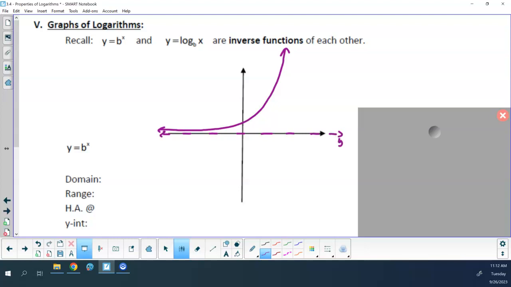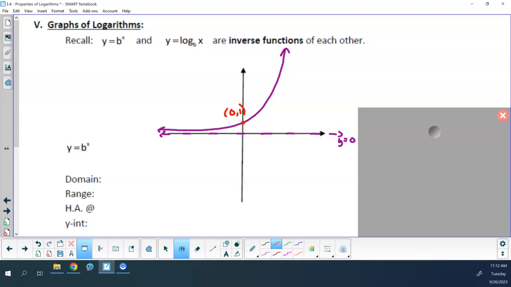You would have y equals 0, and it would grow like that. It would go through the point 0, 1, right? All that stuff. We did that last week. Okay? Logarithmic functions are inverses of that.